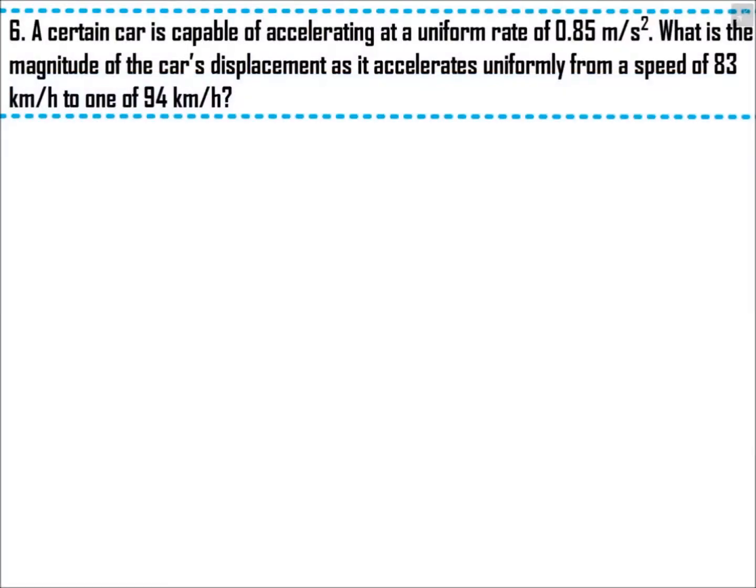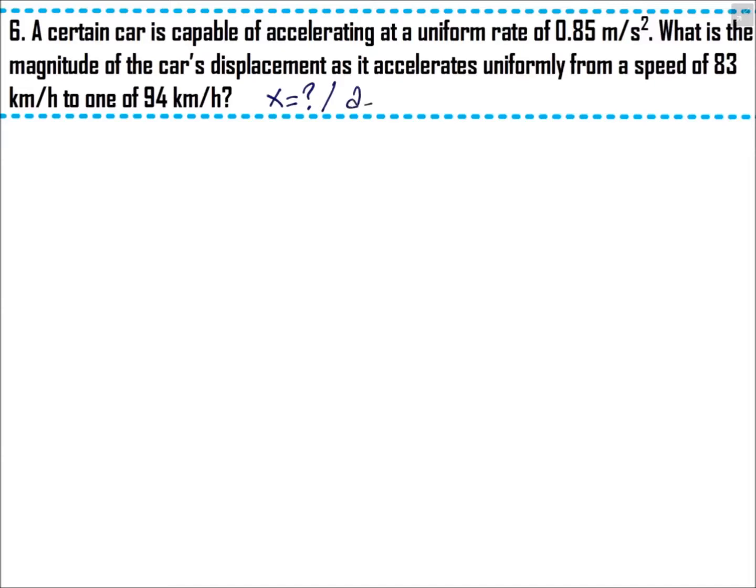In this question it says a certain car is capable of accelerating at a uniform rate of 0.85 meters per second square. What is the magnitude of the car's displacement as it accelerates uniformly from a speed of 83 km per hour to one of 94 km per hour? So in this question it's asking what is x. So we are going to calculate x, and let's write the givens.